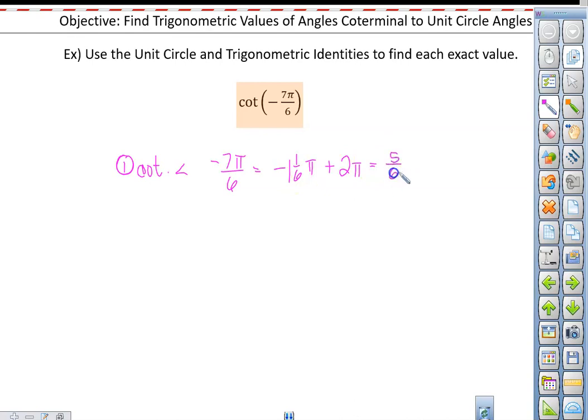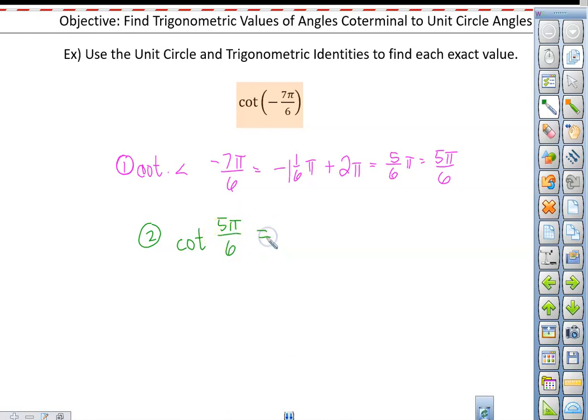So I have 5/6 times pi, which would be 5 pi over 6. So this is telling me that the cotangent of -7 pi over 6 radians will be the same value as the cotangent of 5 pi over 6 radians. So that's where I go next, looking at the cotangent of 5 pi over 6 radians.